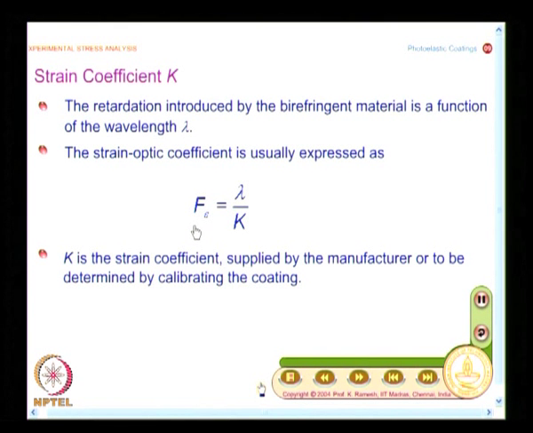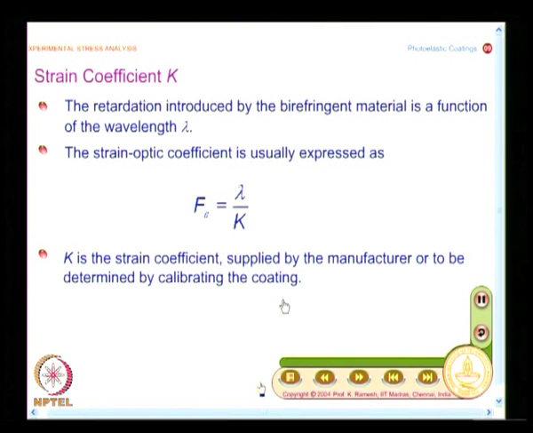So, now you have the definition of f epsilon. F epsilon is related to lambda by k, k is the strain coefficient, it is supplied by the manufacturer or to be determined by calibrating the coating.